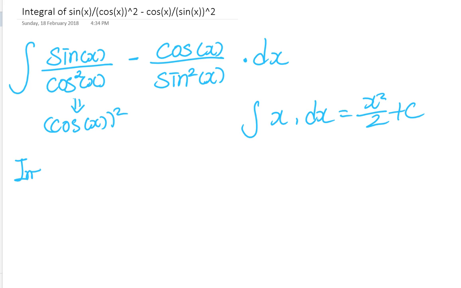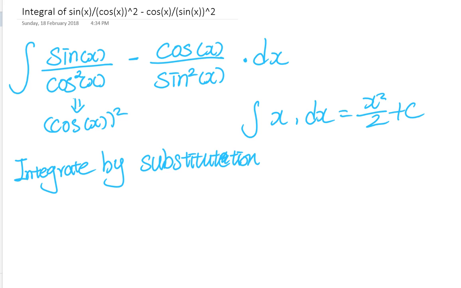Now, this particular process of substitution resembles a lot like the chain rule.